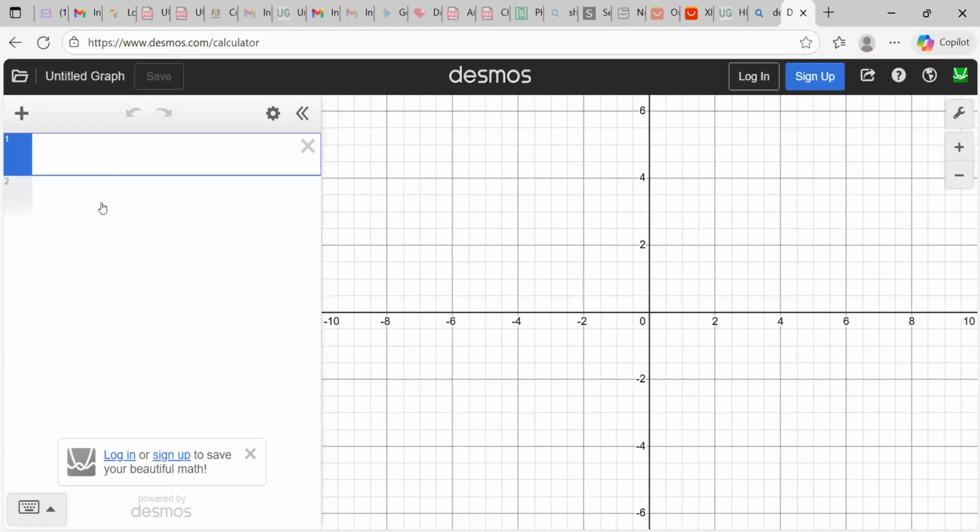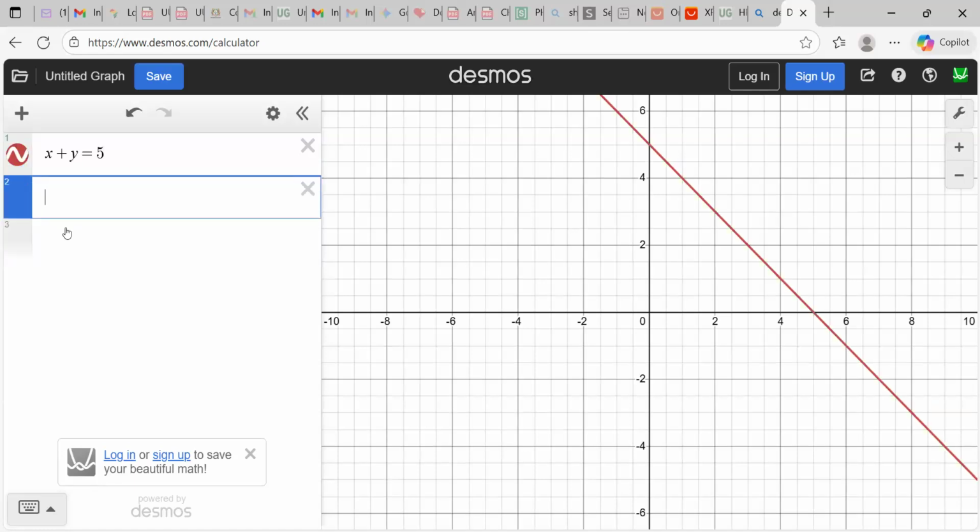So remember I told you, before you tell me if you're seeing that. Remember I told you that the first one was x plus y equal 5, and I told you it was a straight line. And then I had xy equals 6, right?